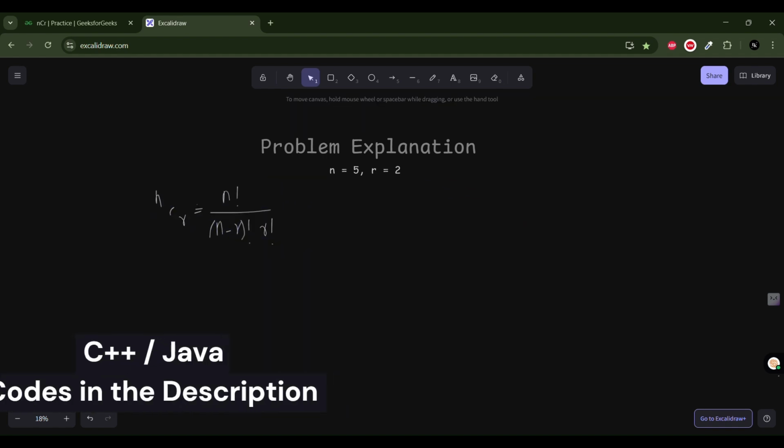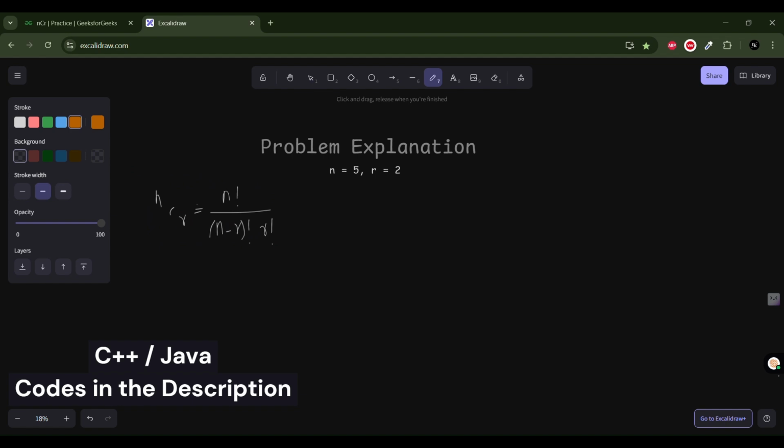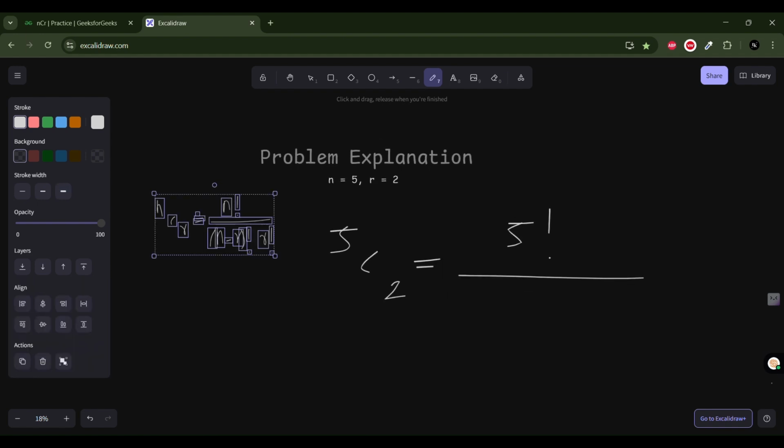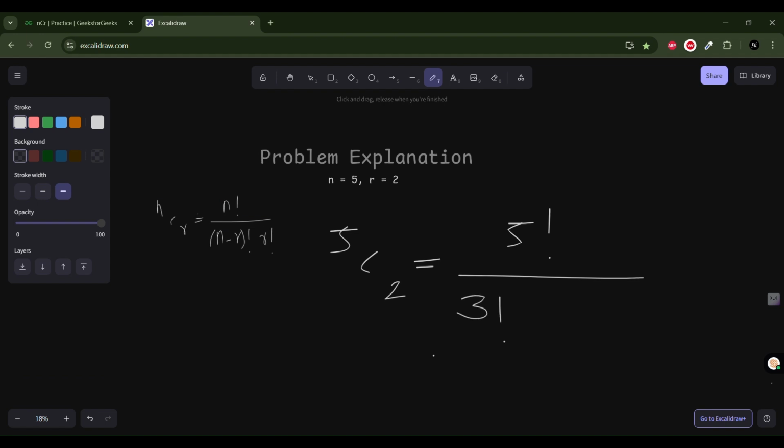Now what's given? We have 5C2. So 5 factorial divided by 5 minus 2, which is 3 factorial, into 2 factorial. How will we solve it?